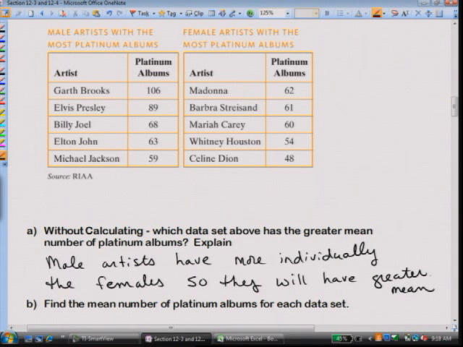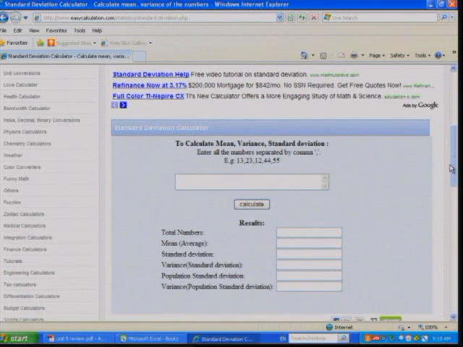Now it says find the mean number of platinum albums for each data set. And I'm going to go ahead and use the Easy Calc because I like that website. So I'm going to go to the computer and enter the data in, and I'm actually in the standard deviation place. So 106, 89, 68, 63, and 59.